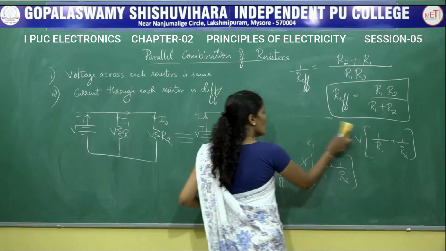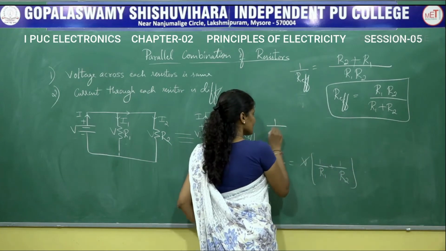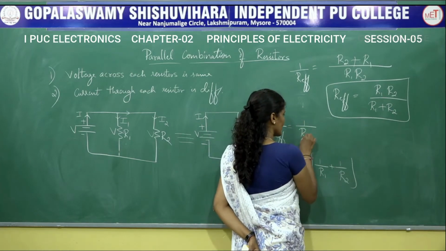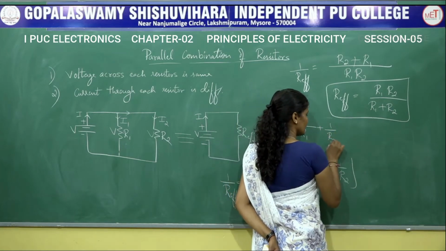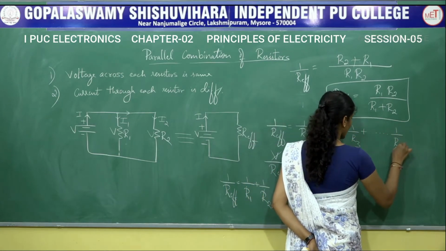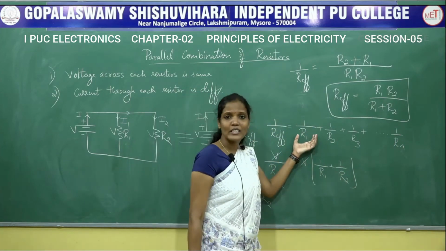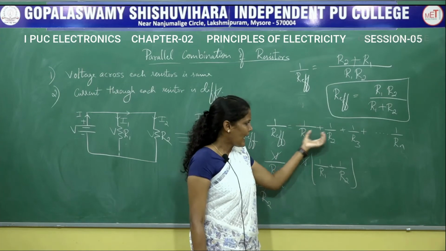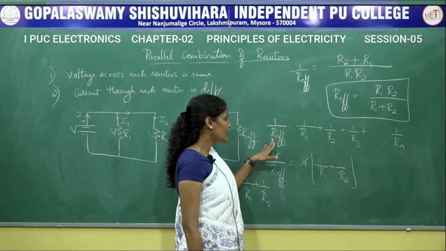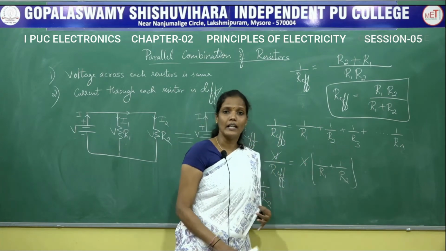Suppose there are more resistors connected in parallel, let us consider n resistors. So 1 by R effective equals 1 by R1 plus 1 by R2 plus 1 by R3 and so on up to 1 by Rn. What you have to do is calculate the reciprocals of the given resistances, add them all, and to get the final R effective, take the reciprocal of that final answer.